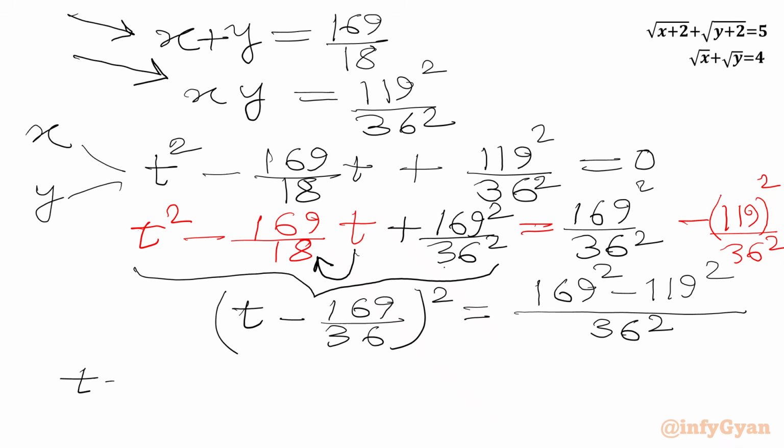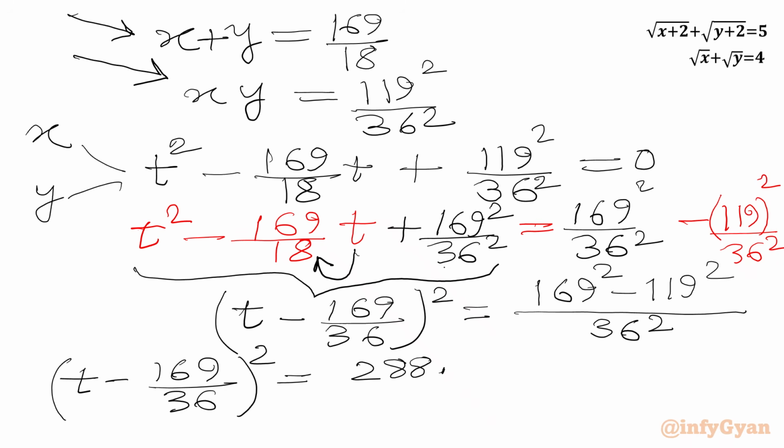So we can write t minus 169 over 36 whole square equal to 169 plus 119, 288, times 169 minus 119, 50. In the denominator we have 36 square.